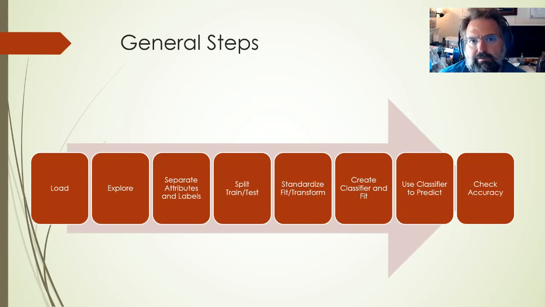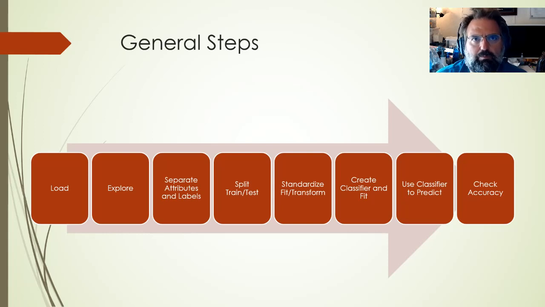Then you split your data into the train and test set. Then you typically do standardization, so you bring things into a standardized scale, possibly doing some transformations along the way. Then you create a classifier or some model, and then test it to see its fitness. Most of the time we are doing prediction and classification.